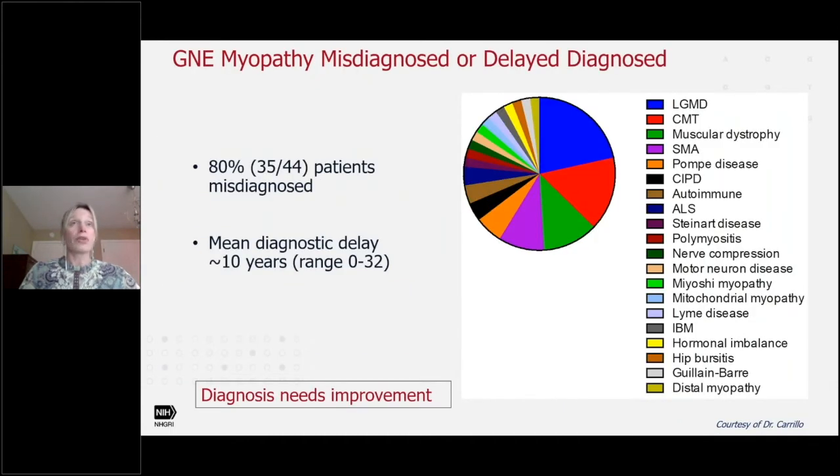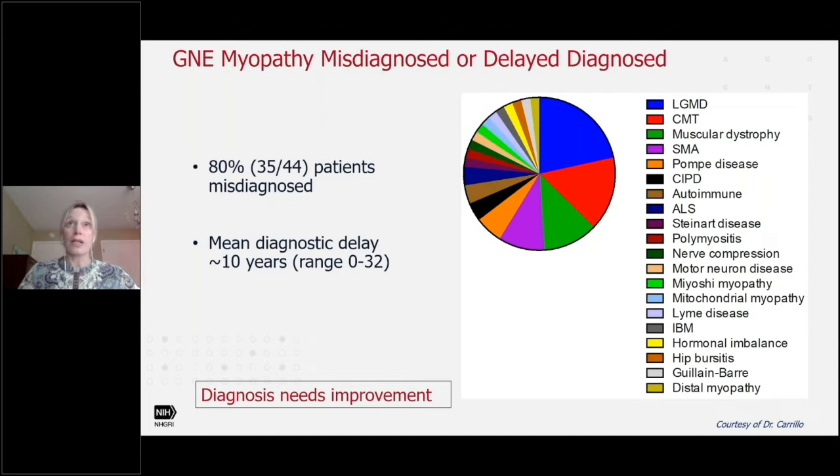Here is a slide from Dr. Carrillo summarizing 44 patients that she had seen in the natural history study at NIH. And it's a good example of how common misdiagnosis or delayed diagnosis is in GNE myopathy. So 35 of the 44 patients, which is 80% that she enrolled, were misdiagnosed at showing of initial symptoms.